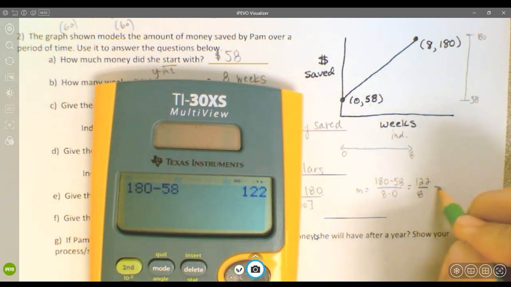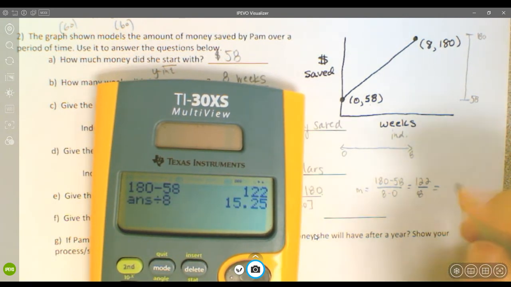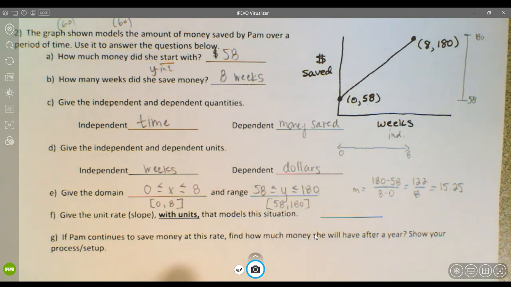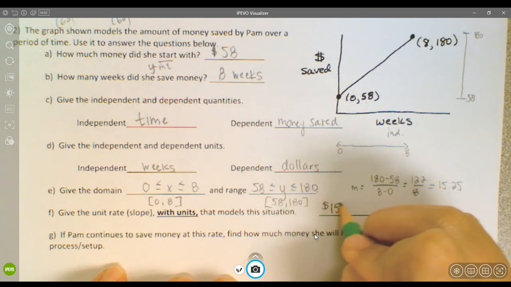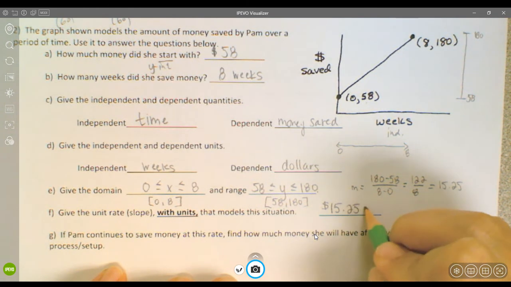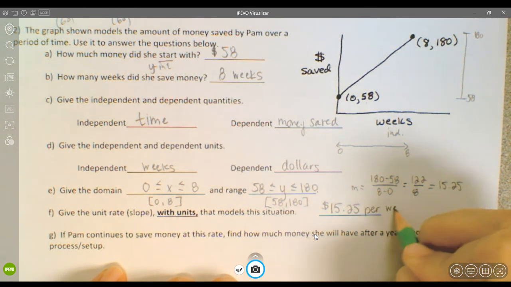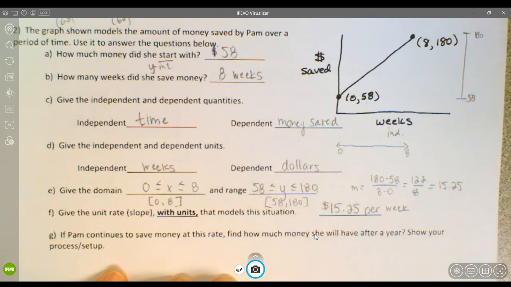And we'll divide it by 8. And I get 15.25. With units. So this is $15.25 per week that she saves.